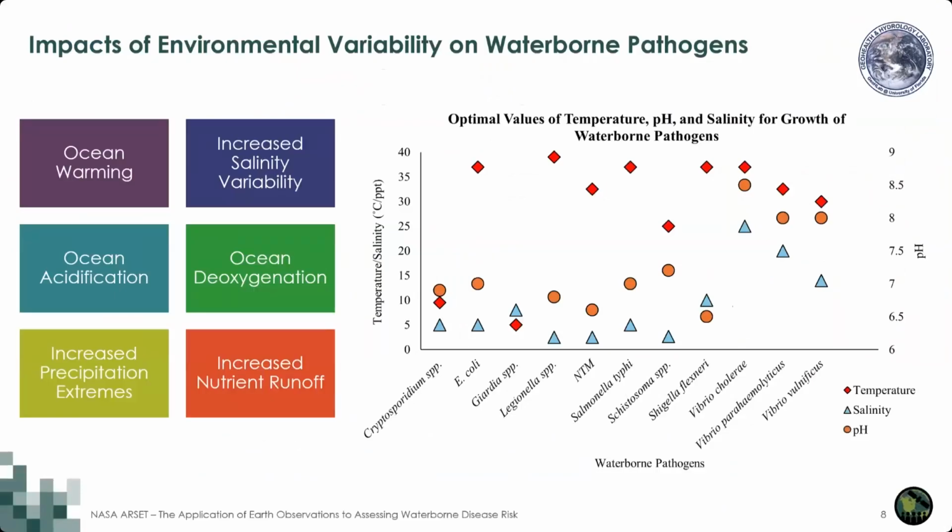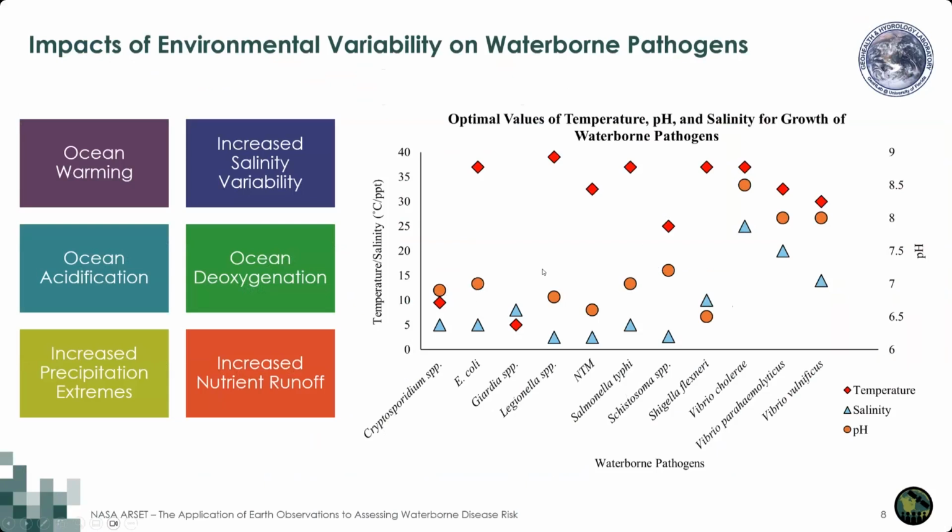Before we begin there, we want to show a little bit on how different types of waterborne pathogens are associated with the environmental variability of different parameters. So on this slide, what you are seeing is a summary of key waterborne pathogens which have environmental associations, and the corresponding temperature and salinity ranges based on the literature that is available with us at this moment.